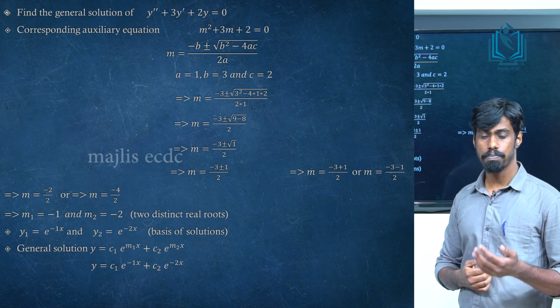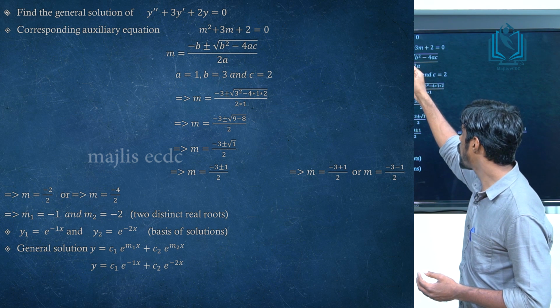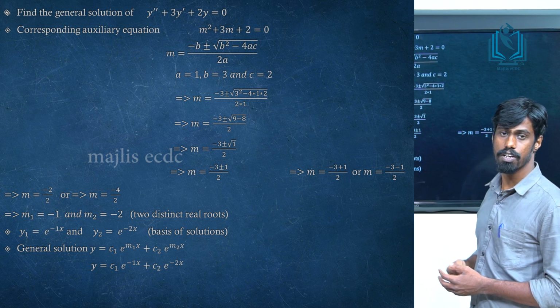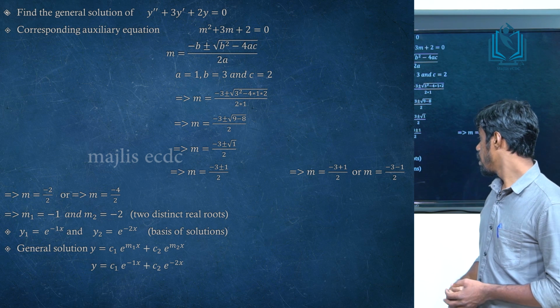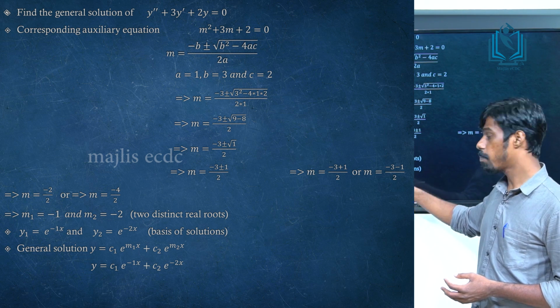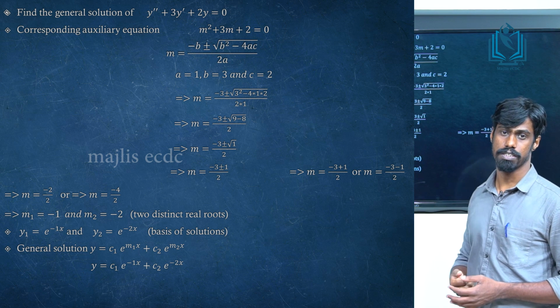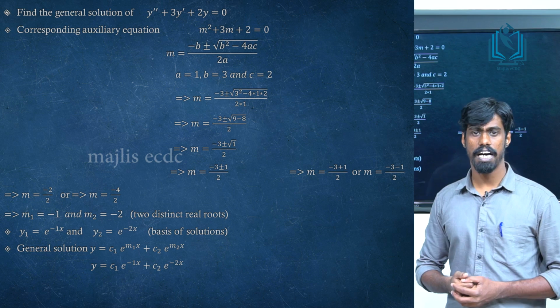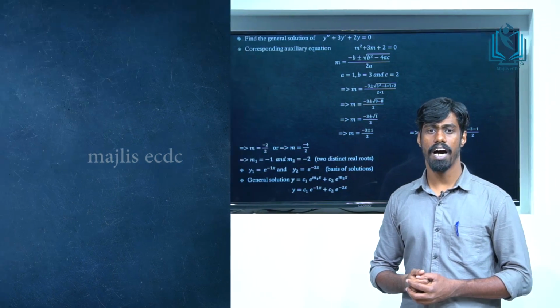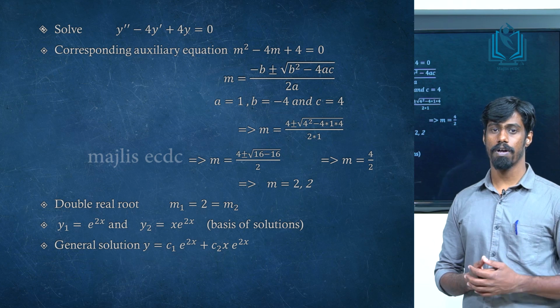Therefore, the corresponding general solution of y double dash plus 3y dash plus 2y equal to 0 is y equal to c1 e raised to minus x plus c2 e raised to minus 2x, where c1 and c2 are any arbitrary constants. Next, discuss another problem.